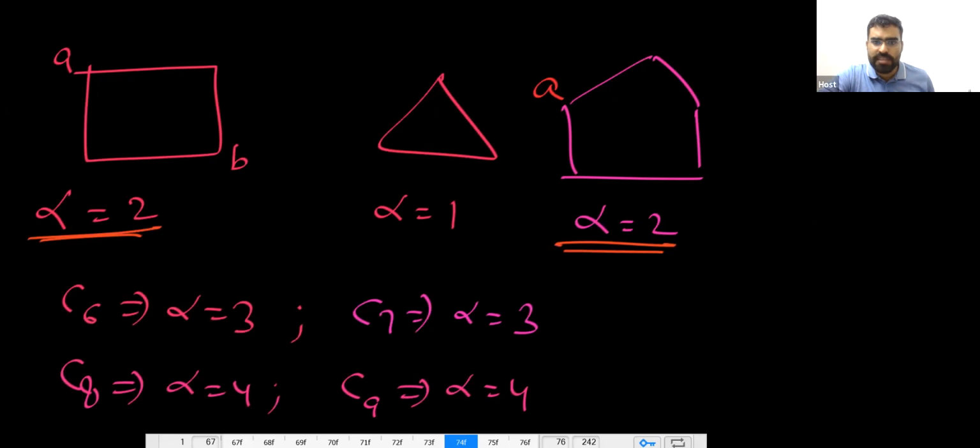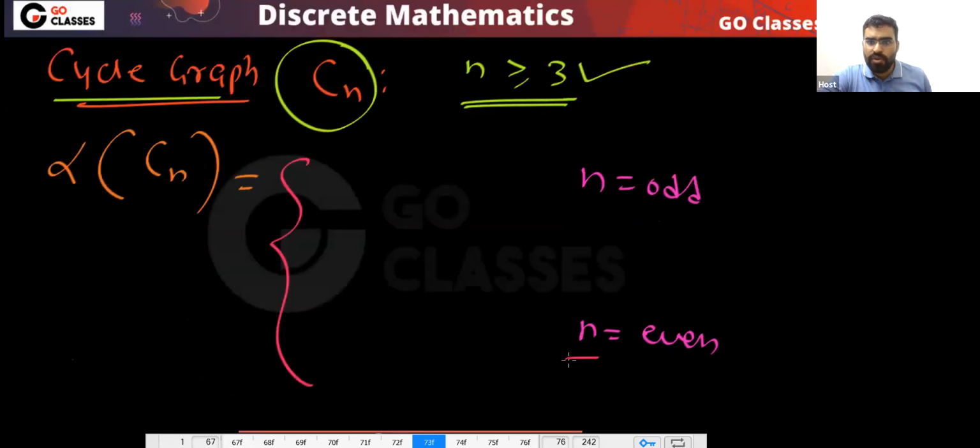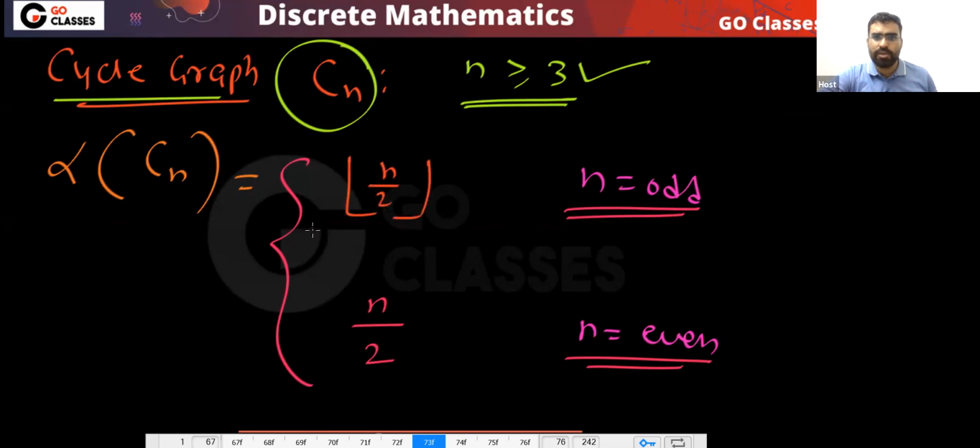I can say the answer will be n by 2. When your n is even, you can directly say n by 2. And when your n is odd, I can say floor of n by 2. Actually, you can combine these two and say that this will be the answer.